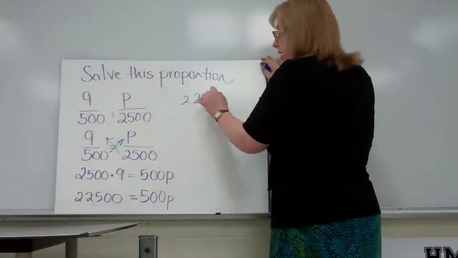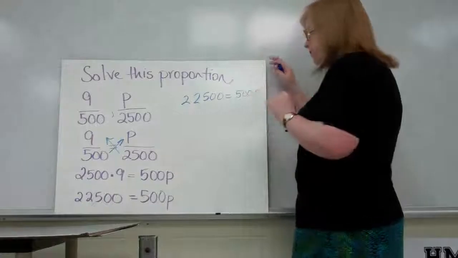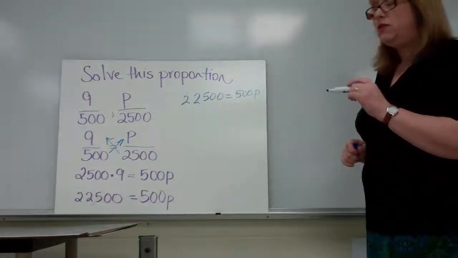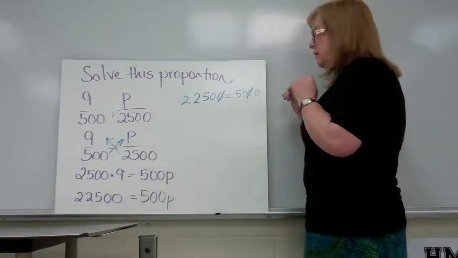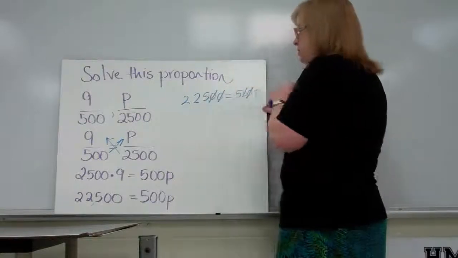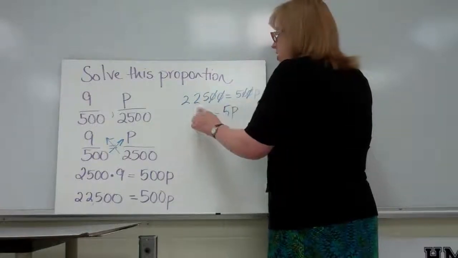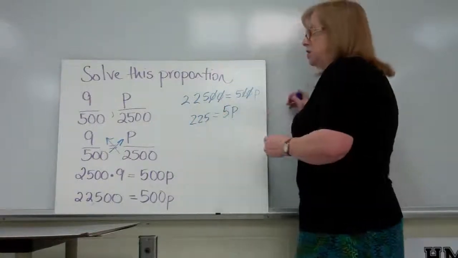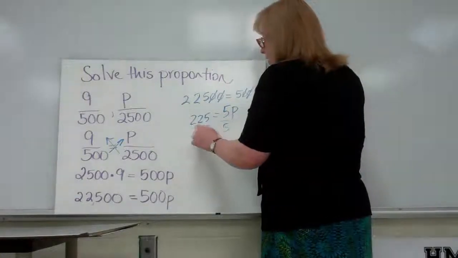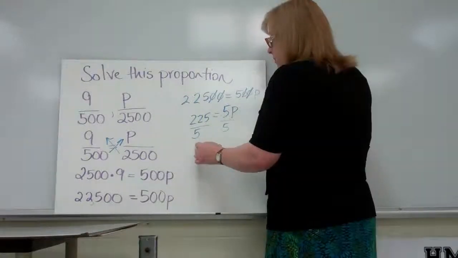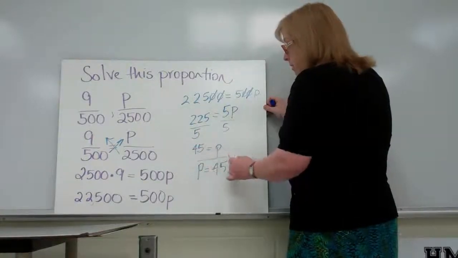Now, I'm going to divide by the coefficient of p, which is 500, or I can just divide by 10. When I divide by 10, I'm knocking a 0 off. I'm going to divide by another 10 here, and knock another 0 off, and that just leaves me with a smaller number that perhaps I can do without having to resort to a calculator. So now I'm going to divide by 5, p equals 45, or as we turn it around properly, p equals 45.